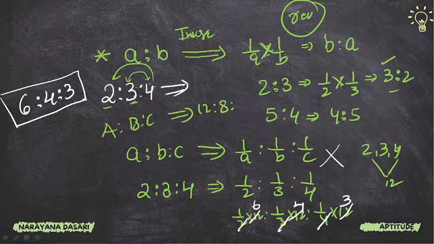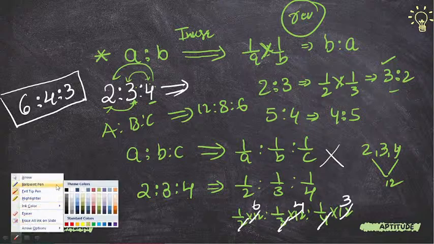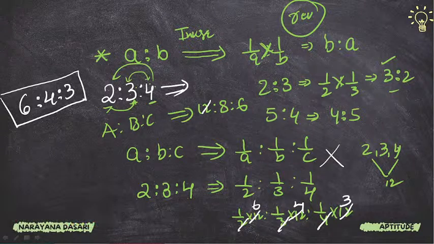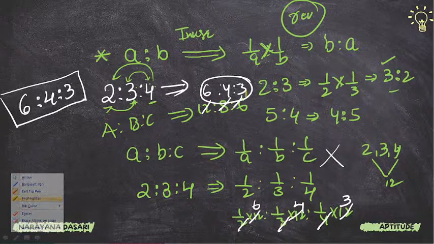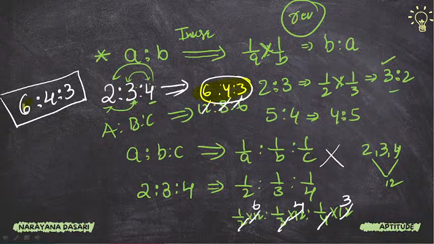Next, for the C value, remove the C value and multiply the remaining numbers. 2 3s are 6. Let me calculate: 12, 8, 6. Any cancellations? No cancellation. The final answer is 6 is to 4 is to 3, and here also 6 is to 4 is to 3.